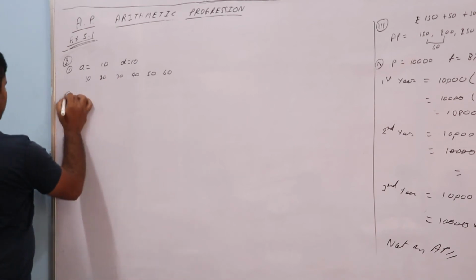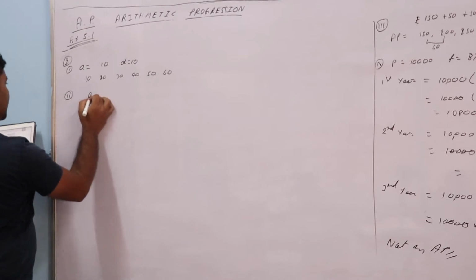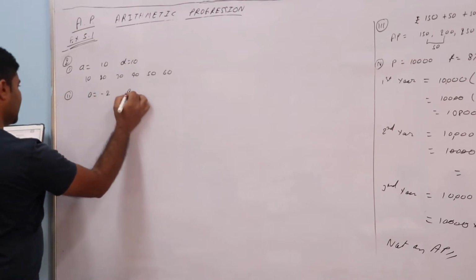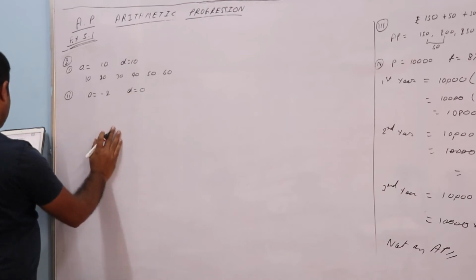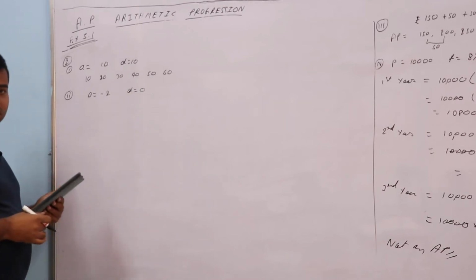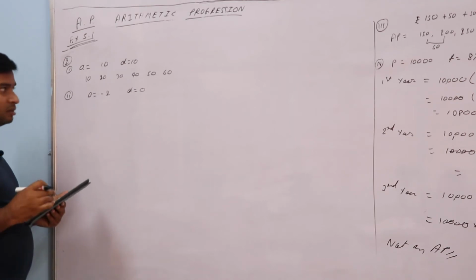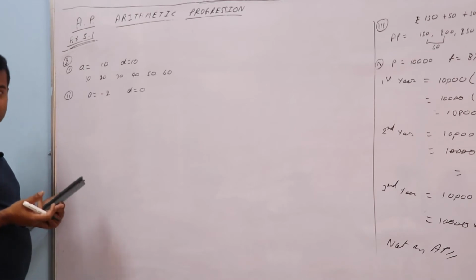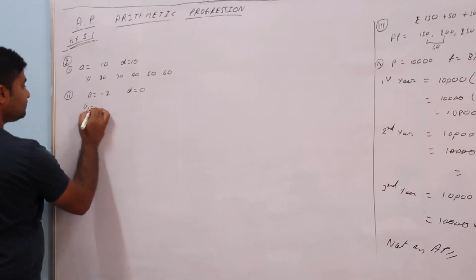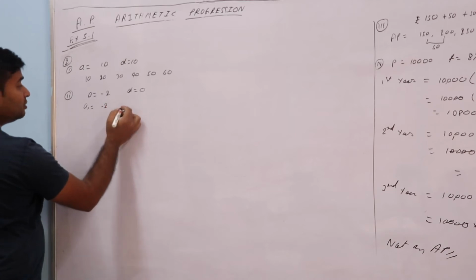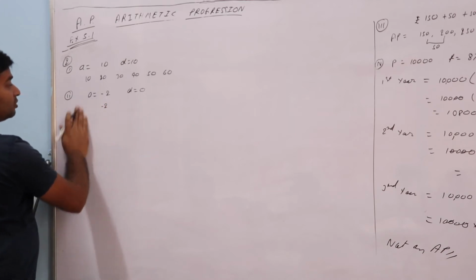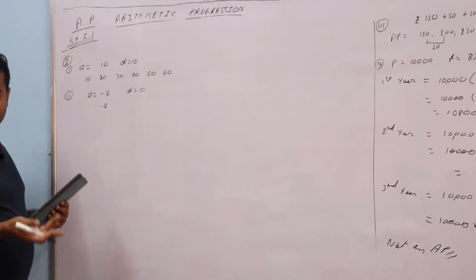Question number 2: A is equal to minus 2 and D is equal to 0. How is 0 possible? But given means given, what can we do? So what will A1 be? Minus 2. Minus 2 plus 0, again minus 2 only. Nothing is increasing, right?